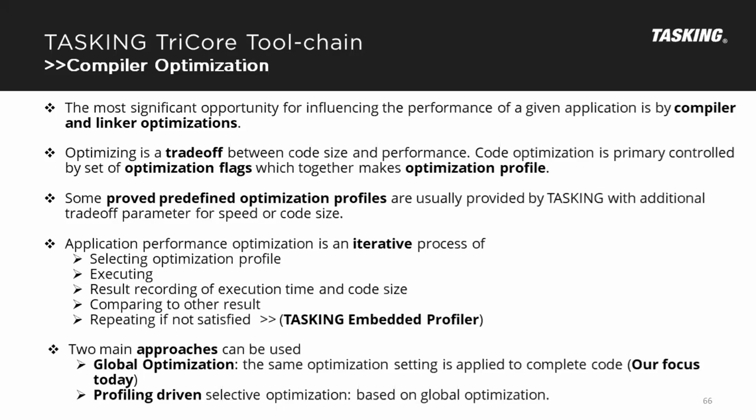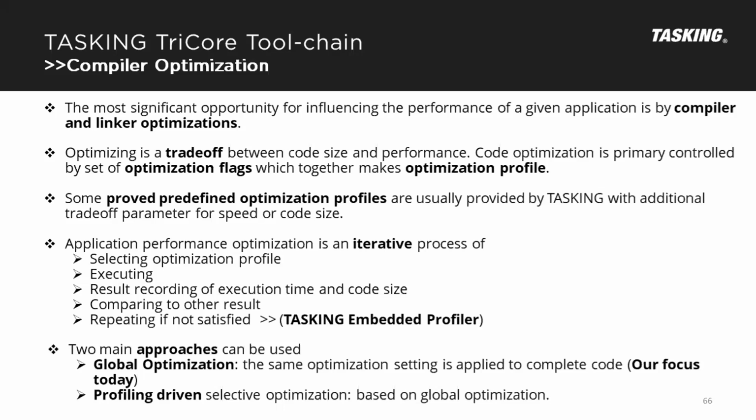First you select a certain optimization profile with certain optimization flags, and then you start executing your application, and then record the results and compare them with the previous results from before using these optimization flags, and see what could happen. Accordingly, you could change these optimization profiles based on your needs.